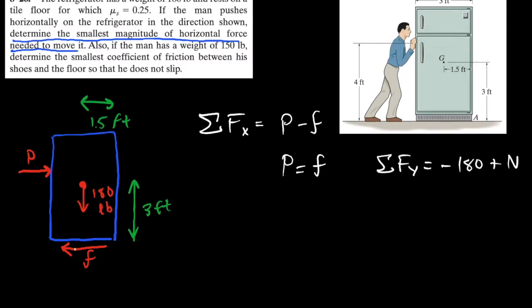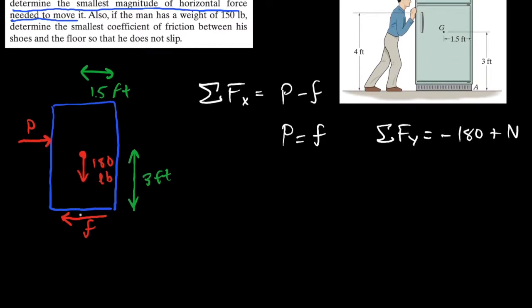I'm going to draw that with a white color to not clutter the area. It will be here, and it has a magnitude of 180 pounds. This whole summation equals 0, and that means the value of N equals 180 pounds.